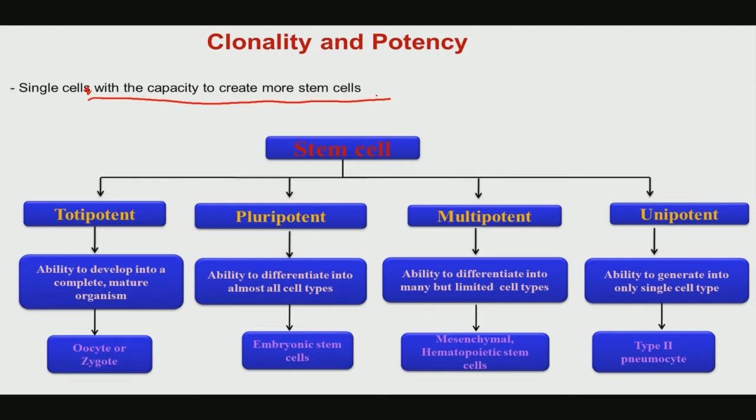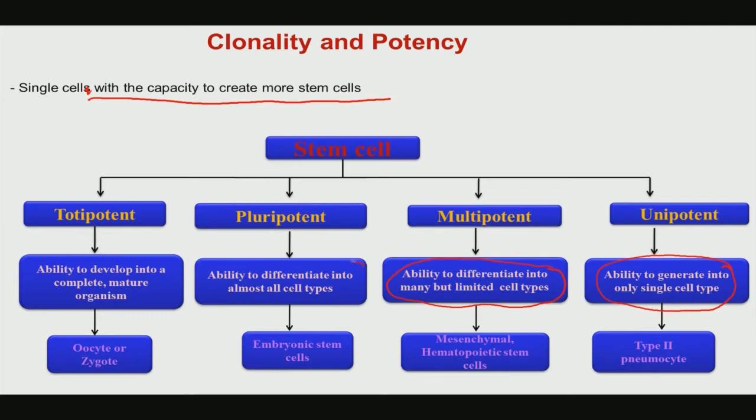Unipotent essentially means the ability to generate only one single cell type. Uni means one. Multipotent means ability to differentiate into many, but limited cell types. It is not all cell types, but limited cell types.